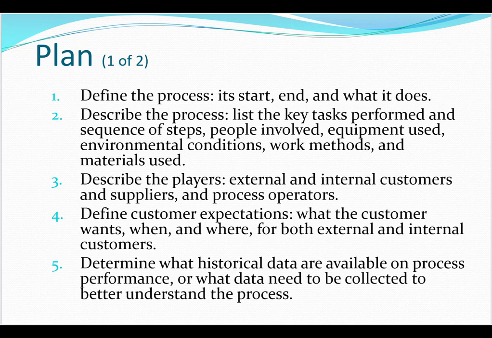Define the customer's expectations, what the customer wants, when he or she wants it, or when that internal process may be, that is an internal customer to the production. When, where, all of that needs to be defined. Determine any historical data that may be used or any new data that we must collect.